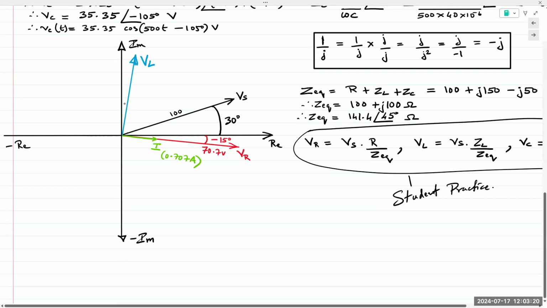It's plus 90 with respect to the current, but with respect to the real axis, it is plus 75.